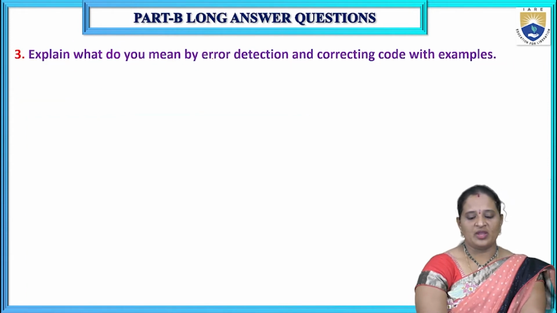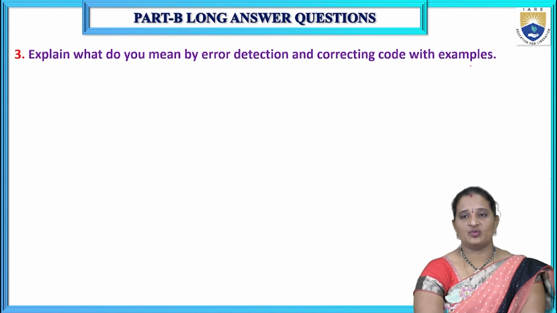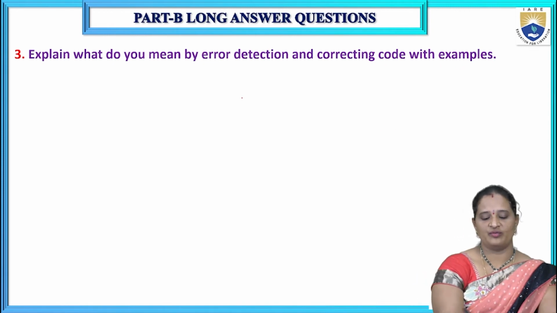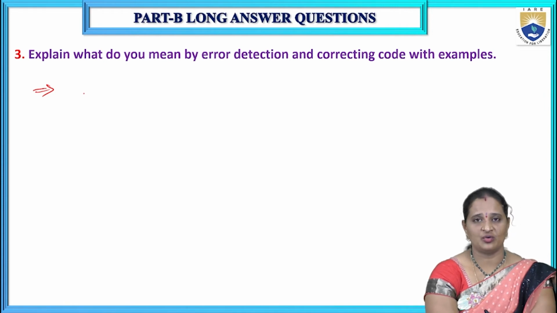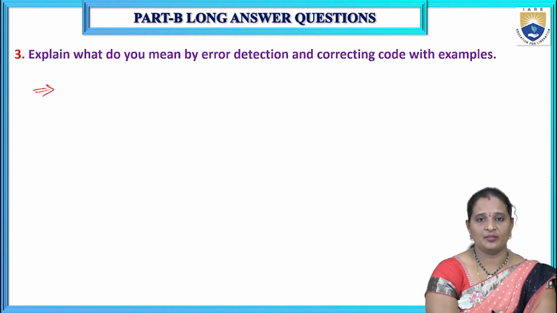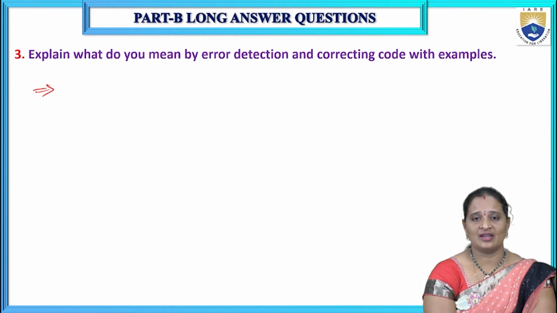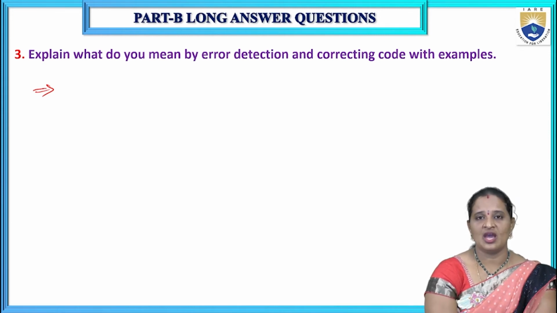Next, explain what do you mean by error detection and correcting codes with example. So we need to write down what do you mean by error detection and correcting codes. These are the binary codes used to identify the presence of error and correct the error while transmitting the data from one place to the other place.